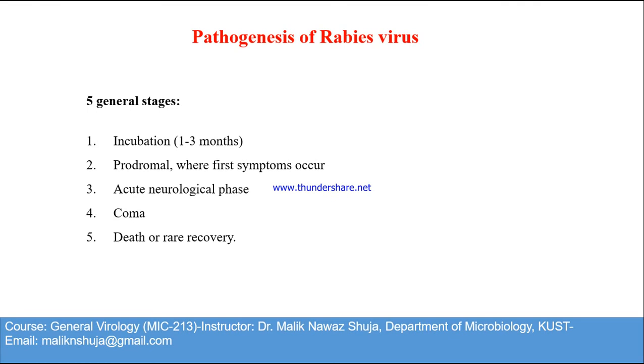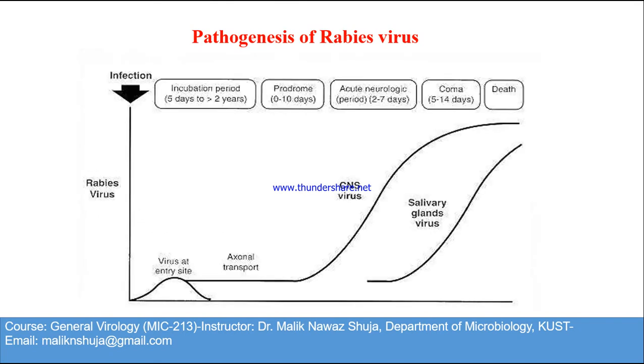At the coma stage, there are minimum chances of a patient recovering. Ultimately, it moves toward the death stage. So these are the general stages on the basis of which we can categorize the rabies virus: incubation, prodromal, acute, coma, and finally death. This graph basically shows the course from the bite stage till the death stage.